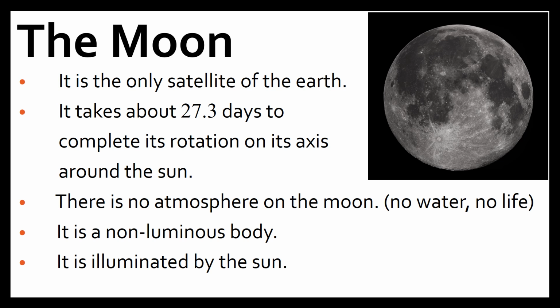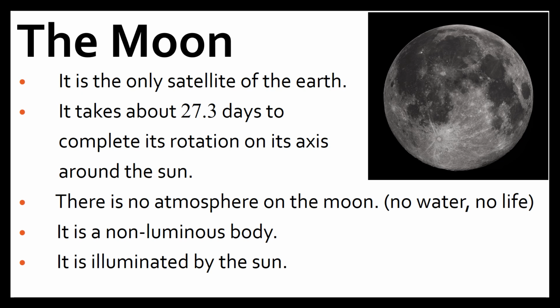It is a non-luminous body. Non-luminous means not capable of producing light, but possibly capable of reflecting light from another source. It is illuminated by the Sun. So students, we know about the Earth and the Moon.